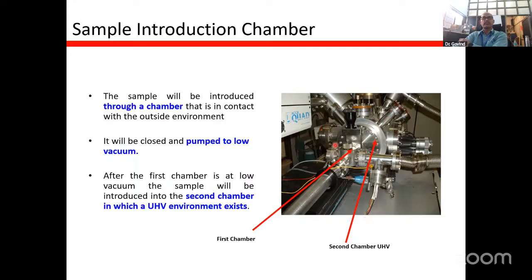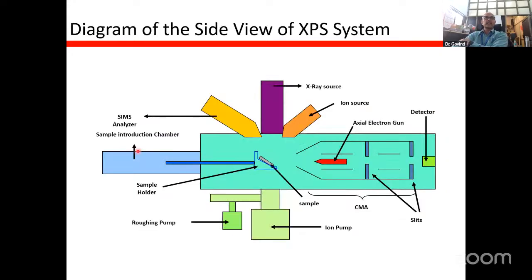So one window is given with a lower vacuum, and then we start to incorporate the ultra high vacuum. After the first chamber, which is at low vacuum, the sample will be introduced into the second chamber. Why low vacuum? Because a special kind of pump is required to give that kind of vacuum level. As in the schematic side view, we can see where the sample is inserted, and here is the holder.